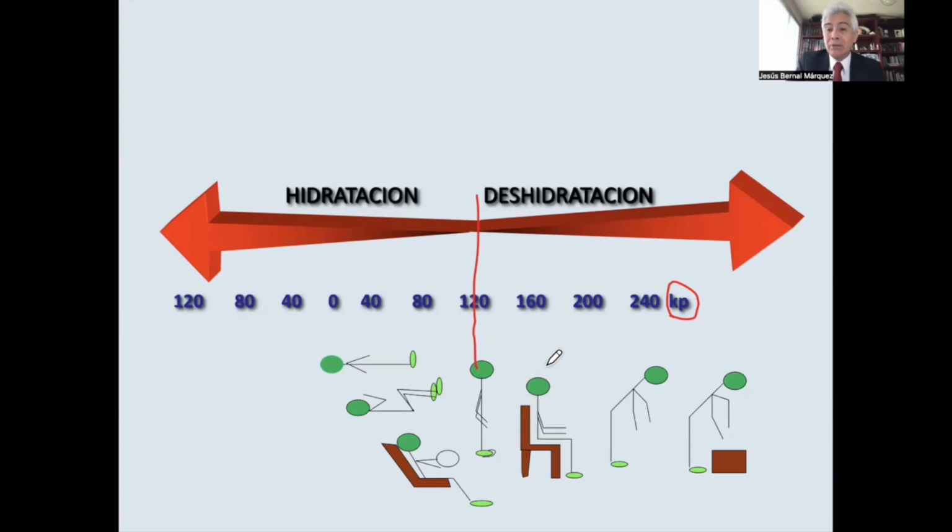If we are sitting, we also have a load, but we have even more load, up to 120 kilopons. If we are standing and have a forward flexion of the spine, it rises to 200 kilopons. And if we add weight, the weight of the object plus 240 kilopons will be quantified as pressure at the level of the fifth intervertebral disc.